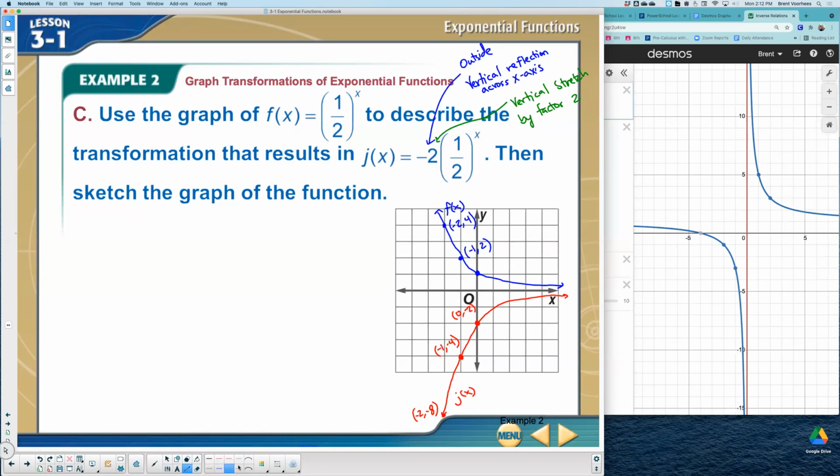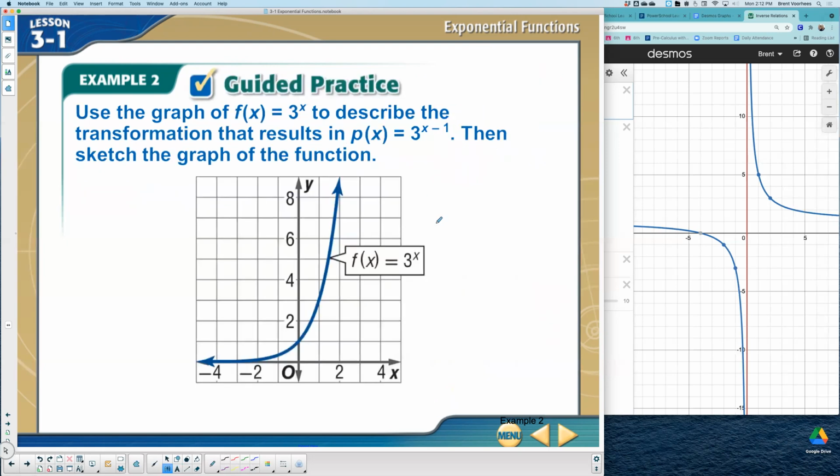Both of these would have that asymptote at y equals 0. That would not change because when you multiply 0 by -2, it still stays as 0. So that asymptote would not change. But all y values would get multiplied by -2. All right, because it's a truth teller, and that's all that happened. Your turn. I want you to try to transform this graph using that transformation there. DOL number 2.